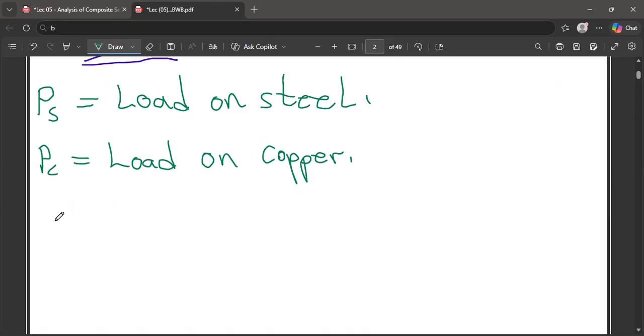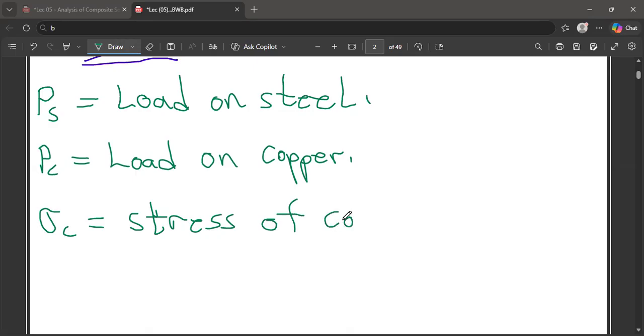And let's put over here the stress in copper. This is the stress of copper. Then this is going to become our stress of steel.